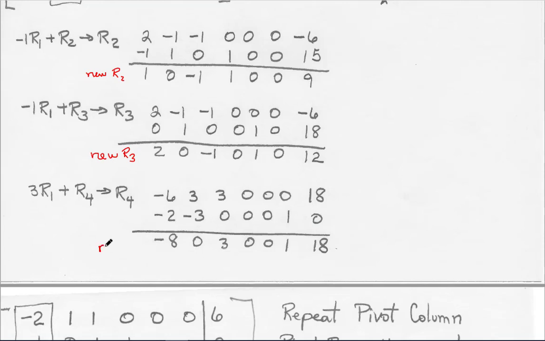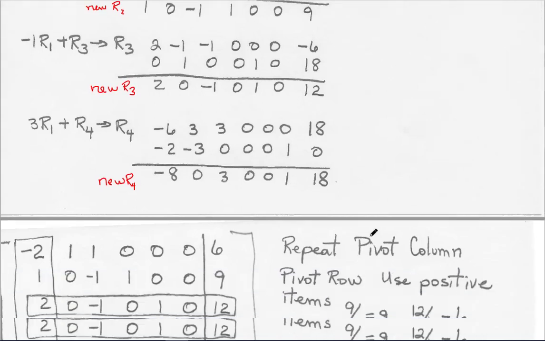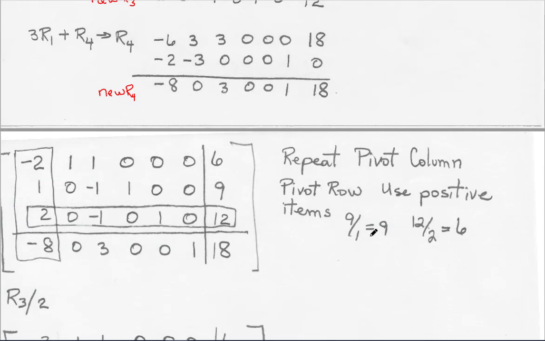And finally, this is the new row 4. Again, just 3 times row 1 all the way across, adding that into row 4, and I make a new row 4. Putting all that information together, okay, here's my new matrix.